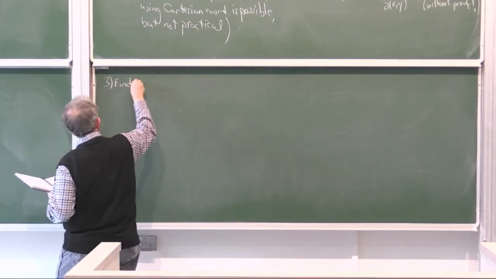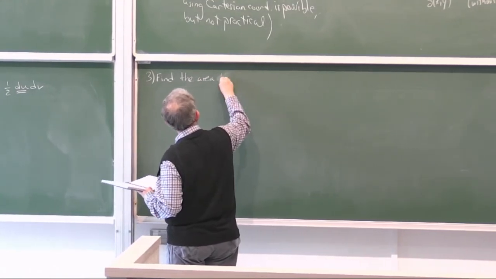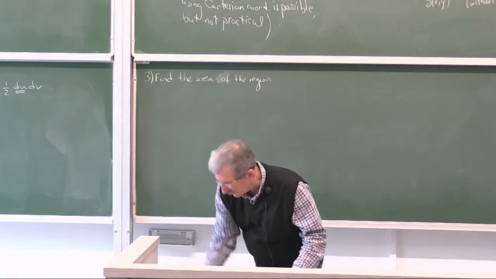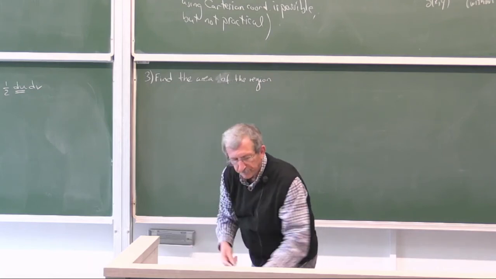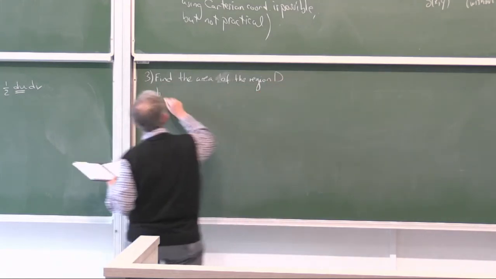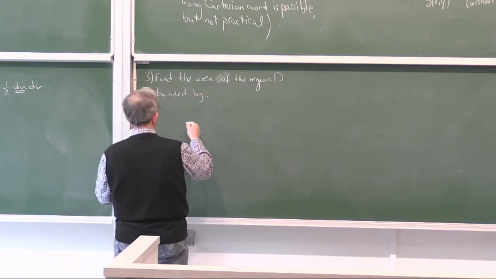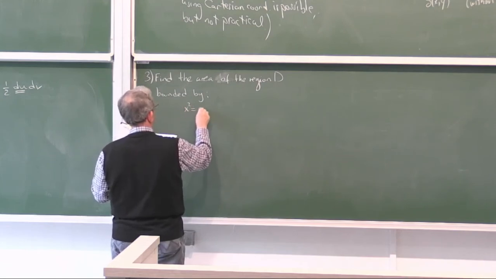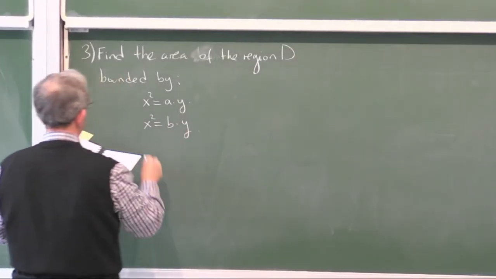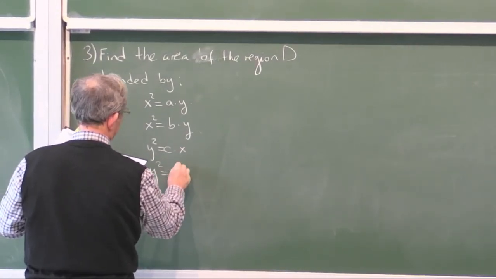Let us find the area of the region R bounded by the following four curves: x squared is a times y, x squared is b times y, and y squared is c times x, and y squared is d times x.